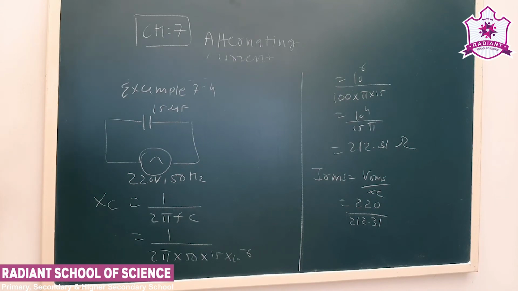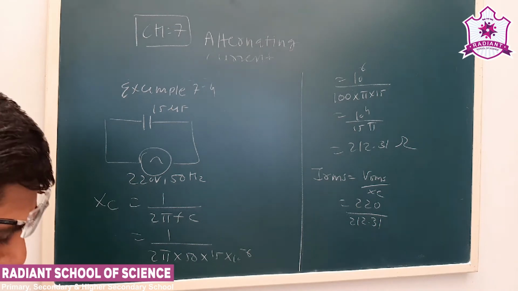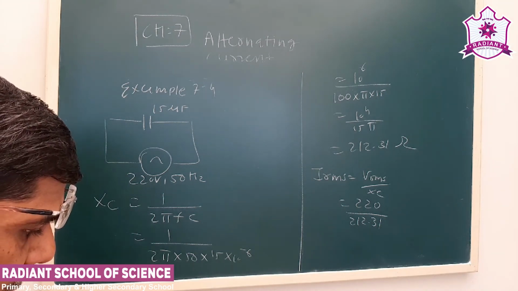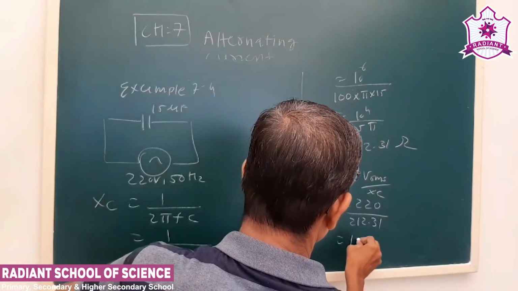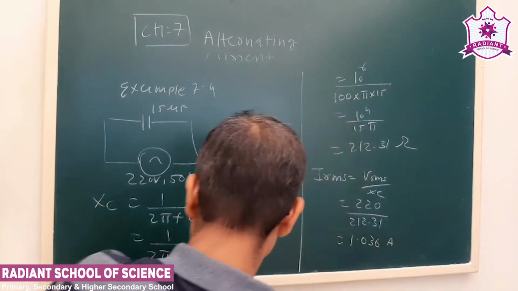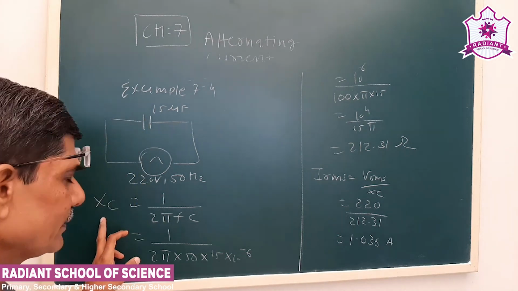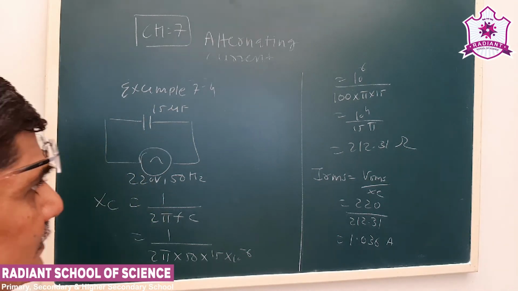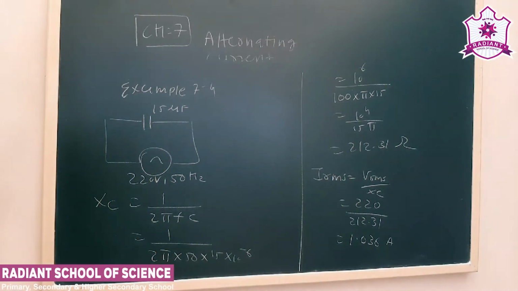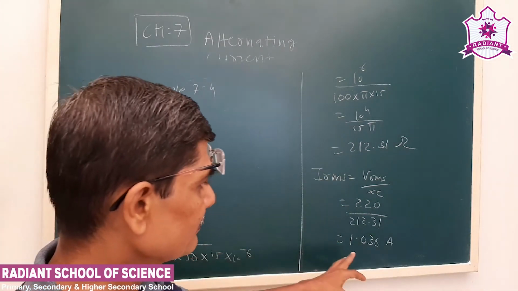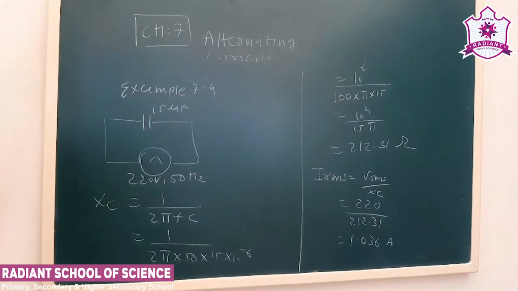So we can obtain the value of the RMS current. Here capacitance is given, we have obtained XC as 1 upon 2 pi F C, so that we get the value as 212.31 ohm. IRMS is VRMS upon capacitive reactance XC. So this is about the example.